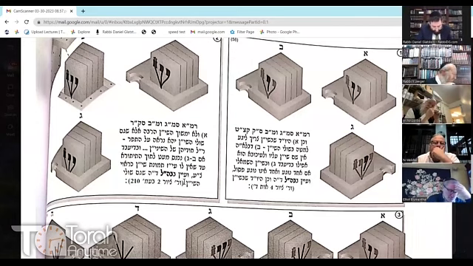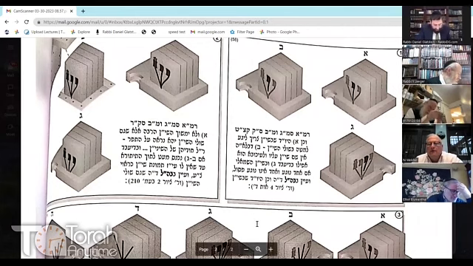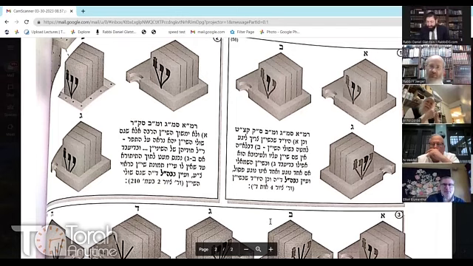I guess he doesn't really quote it. One has to write it like in a Sefer Torah, so the halacha seems to be according to this. By the way, we had yesterday that the shin doesn't have to be in Ksav Ashuris. It just has to basically look like a shin. It's not like writing a Sefer Torah.